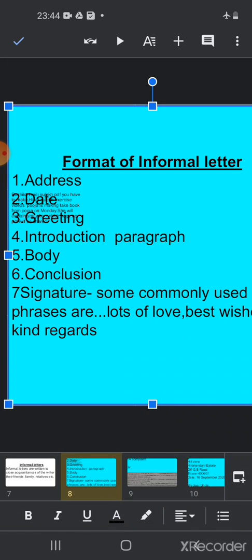Some commonly used phrases when you end the letter are: lots of love, best wishes, kind regards. Pick the one that best suits the occasion and then simply sign your name below the greetings.